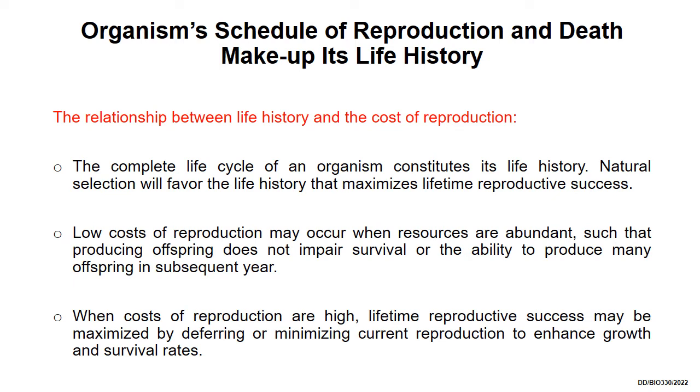Low cost of reproduction may occur when resources are abundant, a lot of food, a lot of space, such that producing offspring does not impair survival or the ability to produce many offspring in the next year or subsequent years. But when costs of reproduction are high, lifetime reproductive success may be maximized by deferring or minimizing current reproduction to enhance growth and survival rates.